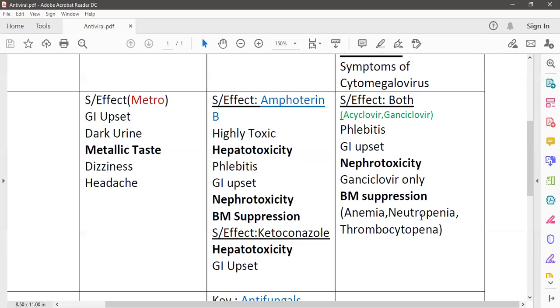If you have fewer neutrophils, infection easily catches on. And the patient also develops thrombocytopenia, meaning the platelet count goes down, right? So antiviral, antiparasitic, antiprotozoal, and antifungal are important for our NCLEX board.